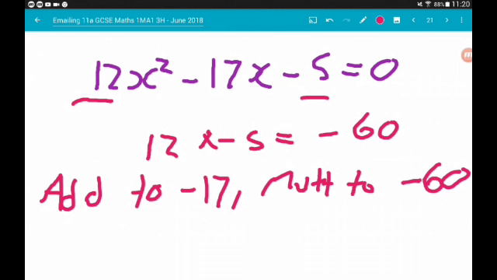So, if we run through our factors of 60, hopefully the answer will present itself.